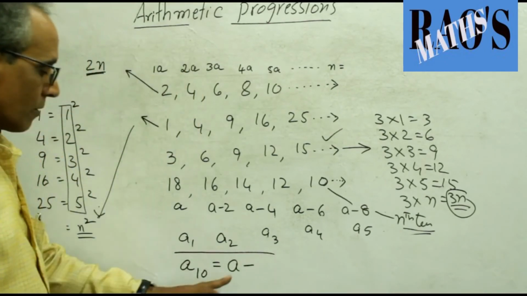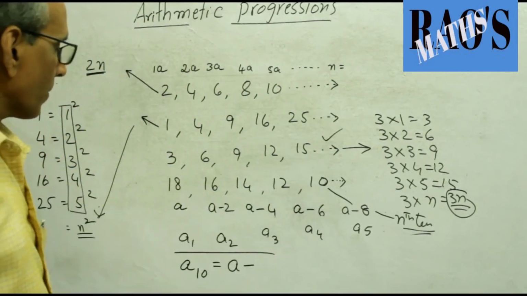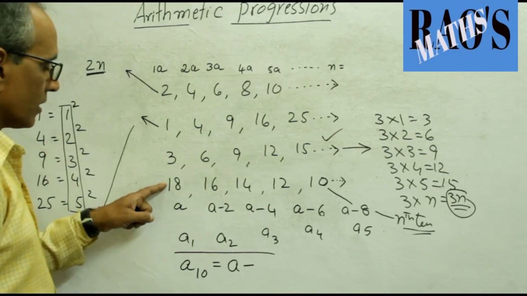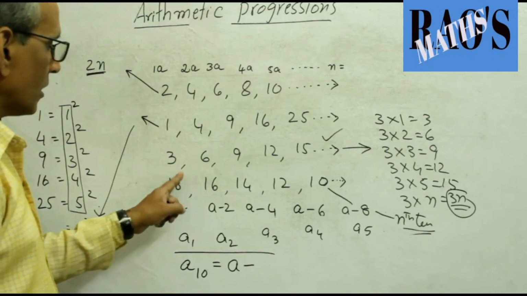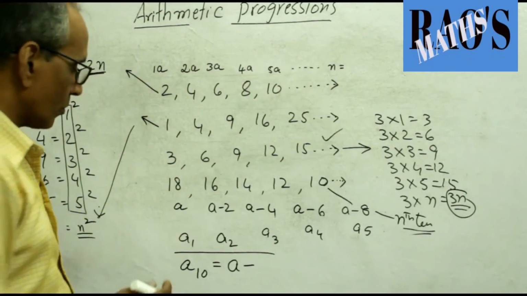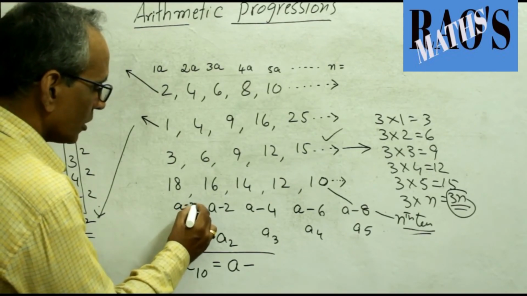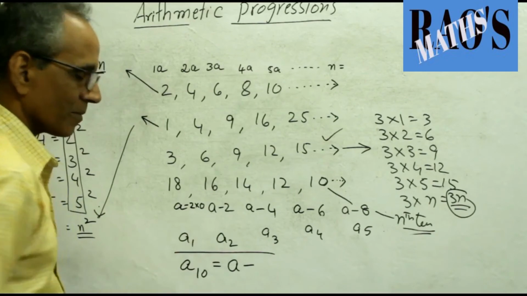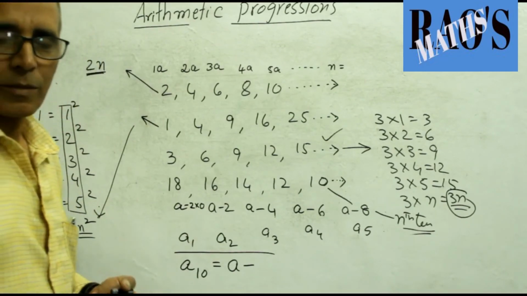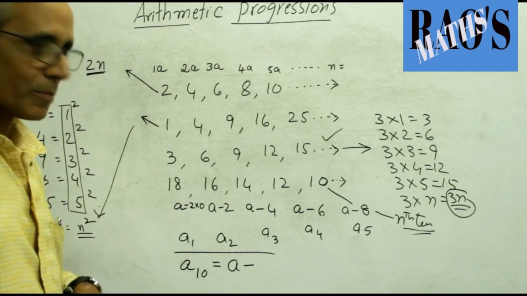But what is to be subtracted from A? Let's follow the sequence here. The first term is A. Since we know it is decreasing by 2, what is subtracted from A? 2 into 0 actually, 2 times 0. Nothing is subtracted from the first term to get the first term.